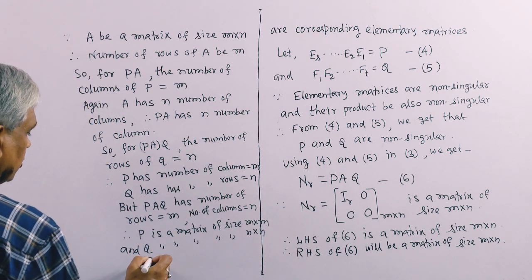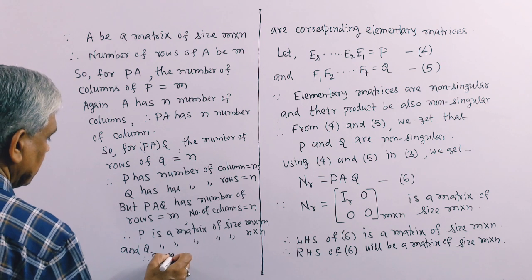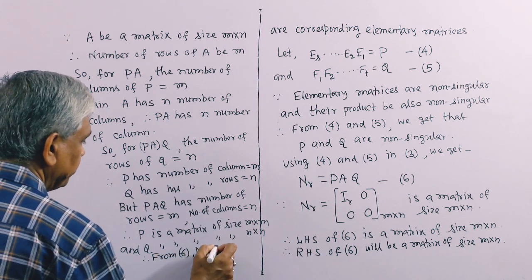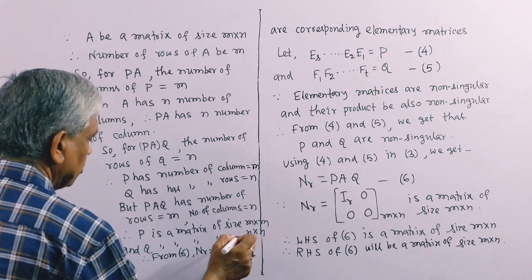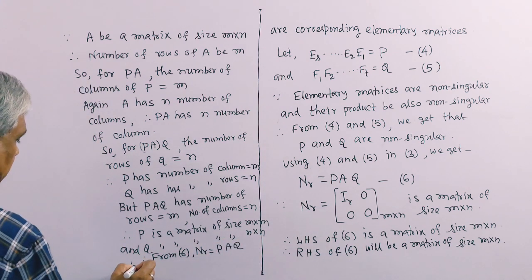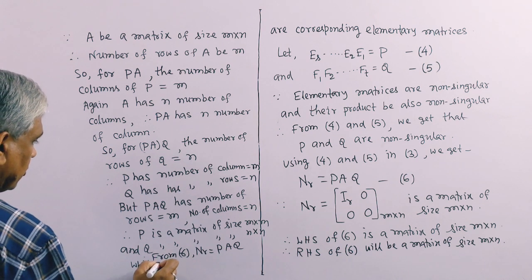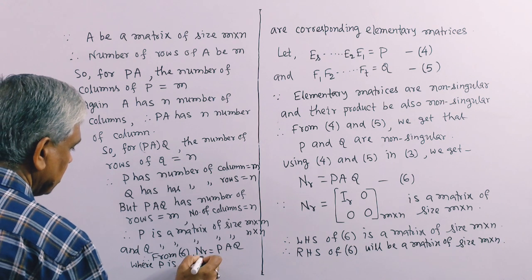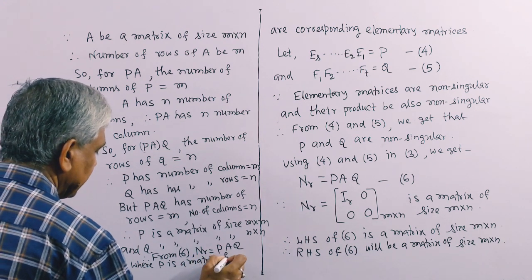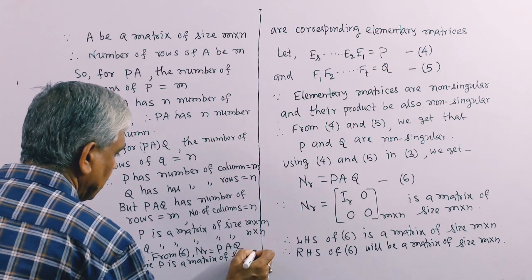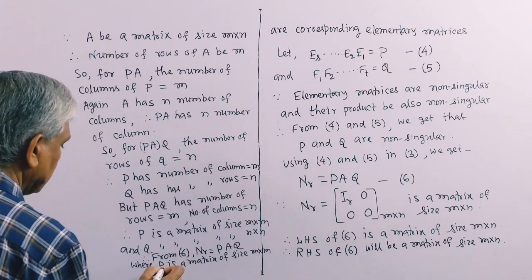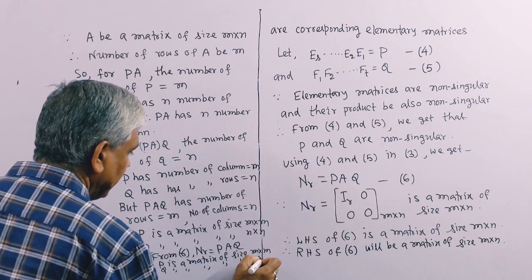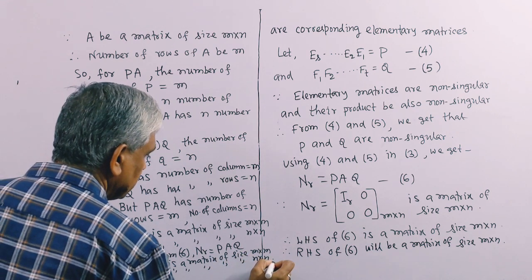Therefore, from 6, Nr equals PAQ, where P is a matrix of size m by m, Q is a matrix of size n by n. Proved.